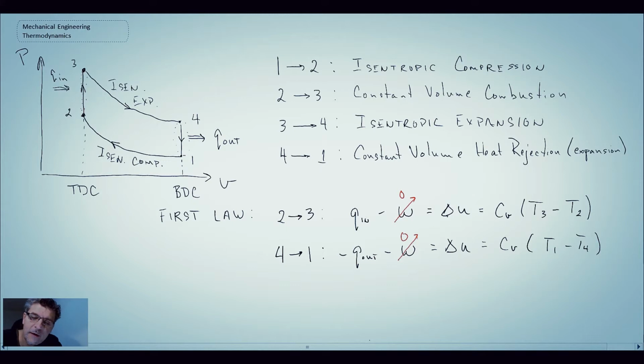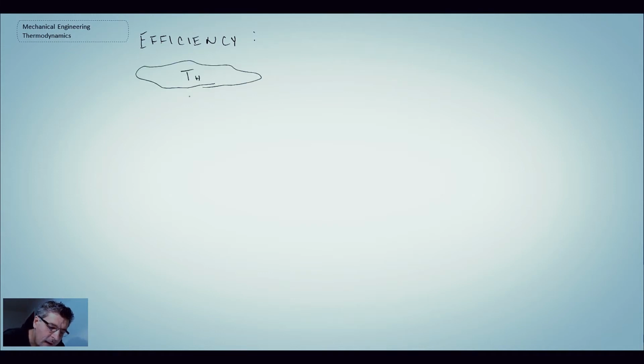So let's take a look at that and see what we get for the thermal efficiency of the Otto engine, or the Otto cycle. So if you recall, we're dealing with a heat engine, and the way that we model it, we can draw it schematically like this.